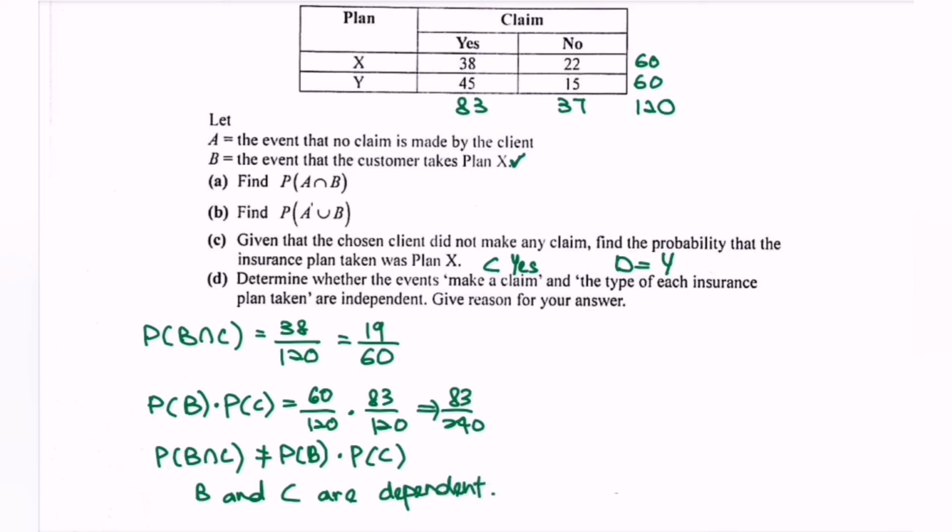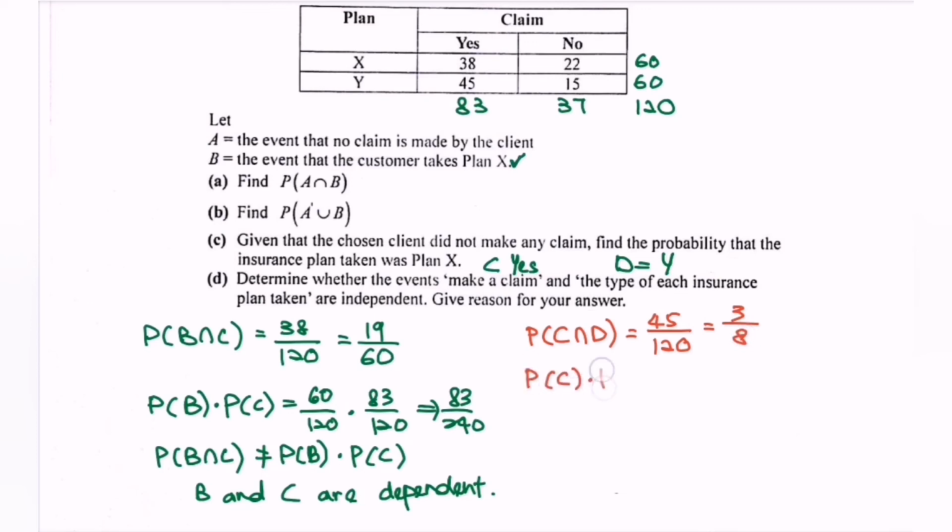Continue. We are going to do plan Y. Here we have the probability that C intersect D. Again, for C, that refers to the yes column, and taking plan D means plan Y, where we have 45 over 120, or you may express it as 3 over 8.